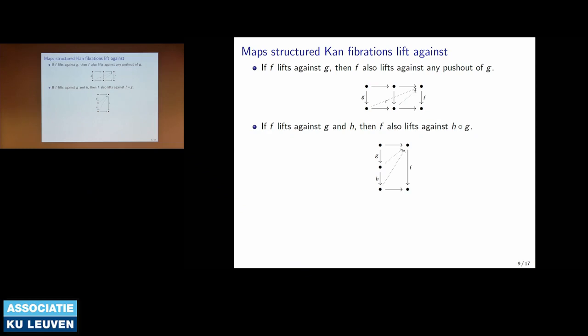Well, if F has a favorite filler against G, and I have a certain other map over here which is a push-out of G, I also have a favorite filler against this map, because here's my favorite filler against G, and then using the universal property of the push-out, I get a filler here. So I also get favorite fillers against push-outs of horns.